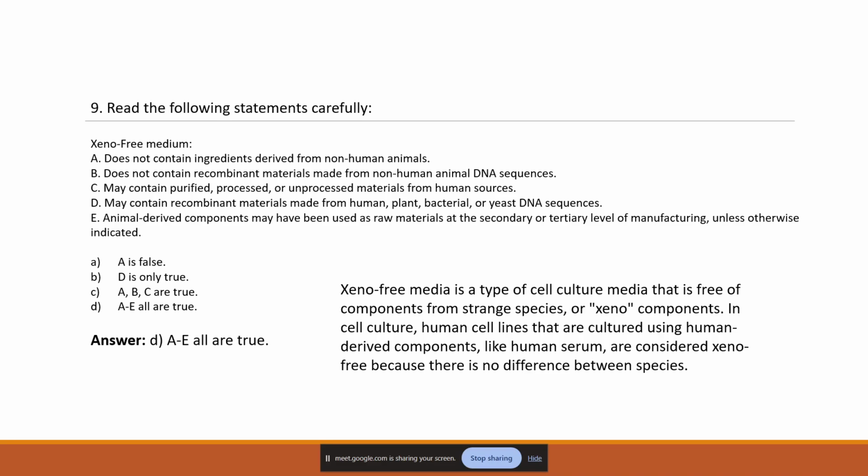So when you derive the serum from that species, there might be some components which are not there in humans. Those components become foreign to your species.